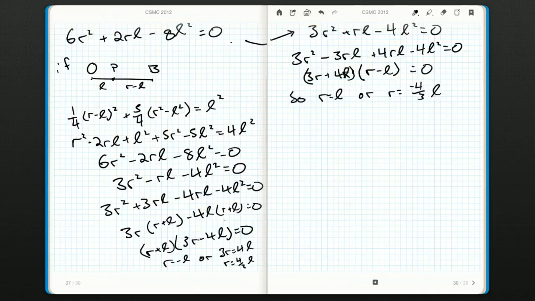Okay, so we have 4 possibilities. If r is negative L, so negative that length, r is equal to that length, r is negative 4/3 that length, or r is 4/3 that length. But r and L are positive because all lengths are.